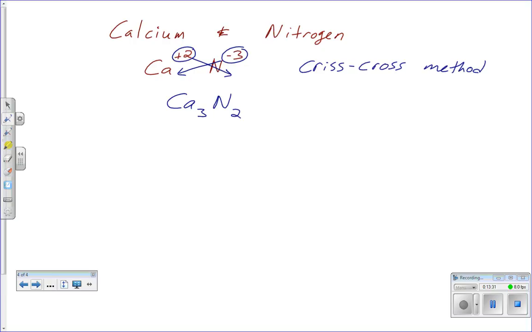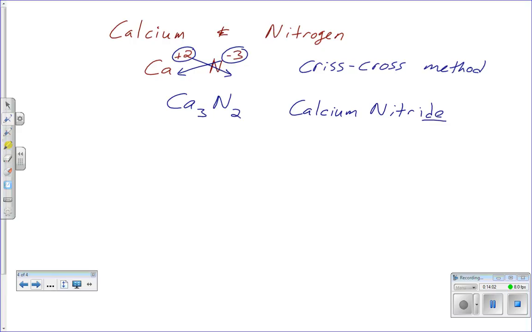And there we have the formula. And to name it, well, again, the metal doesn't change its name at all, and the non-metal's name changes to an IDE ending. So calcium nitride. Okay. So again, that's called the crisscross method.